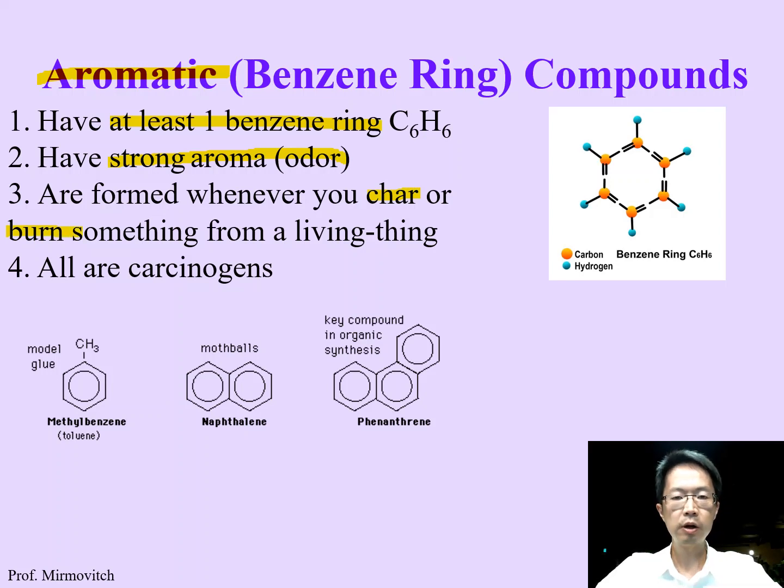For example, if you are having a barbecue and you overcook your chicken or your steak, then the surface will turn black. The black char on the surface of your chicken or steak contains benzene, and they are carcinogens. That means they will cause cancer.